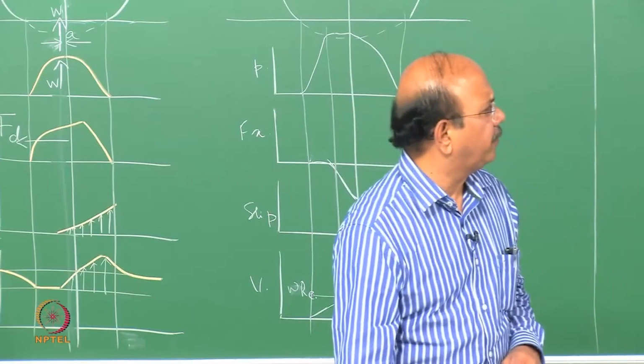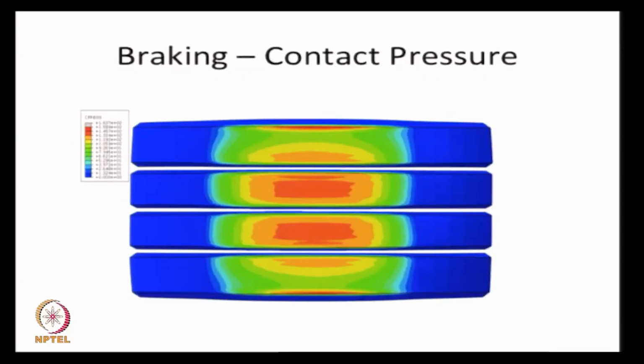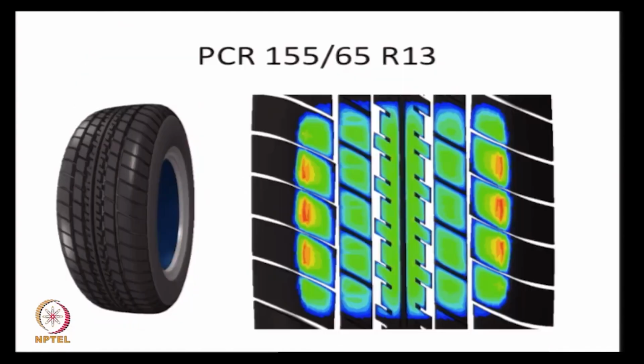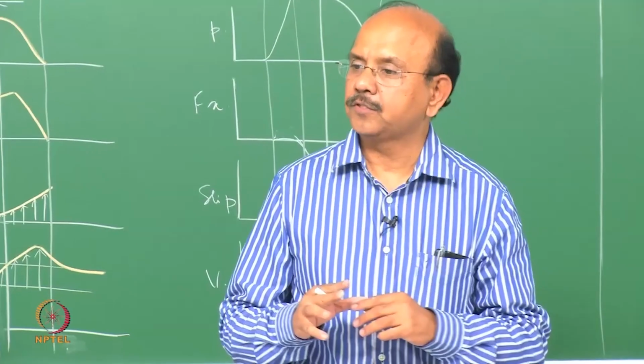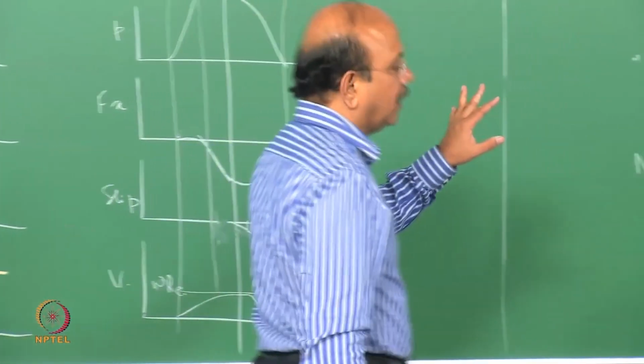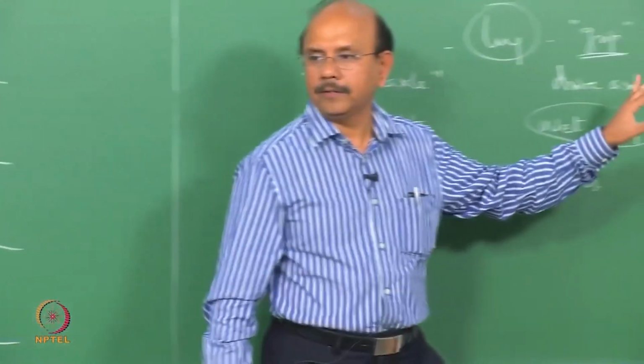A typical example is something like this. You have lugs as well as ribs here. A semi-lug tire is used on an all-wheel vehicle. Even there, many times you would see this kind of uneven wear.